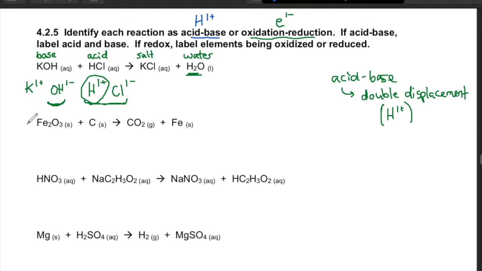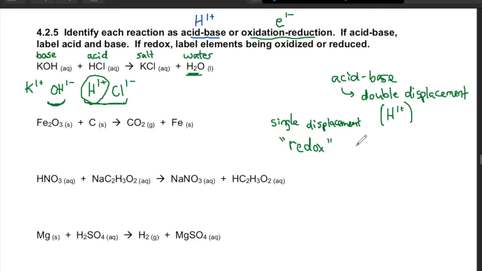For this next reaction, we have two things going to two things, and we have a compound and an element going to a compound and an element. So this is a single displacement, and single displacement is one of those reactions where we frequently see oxidation reduction.